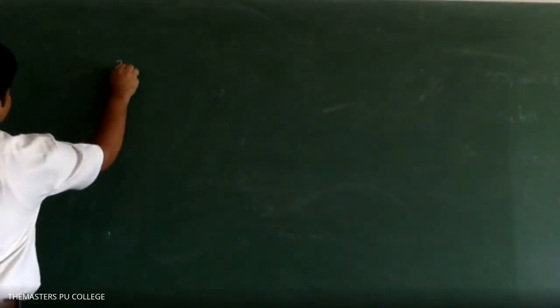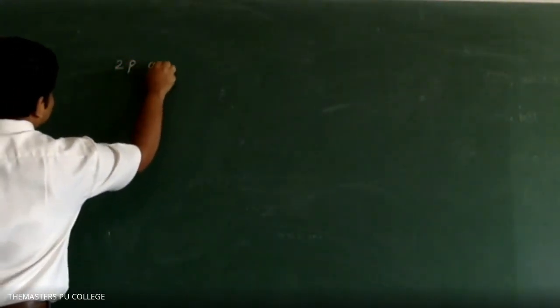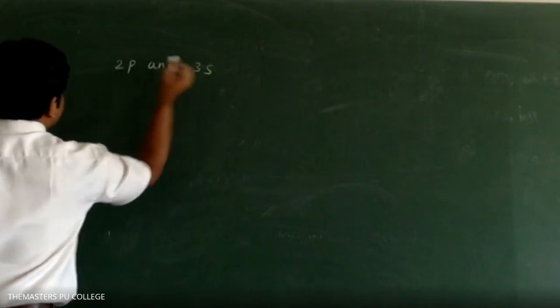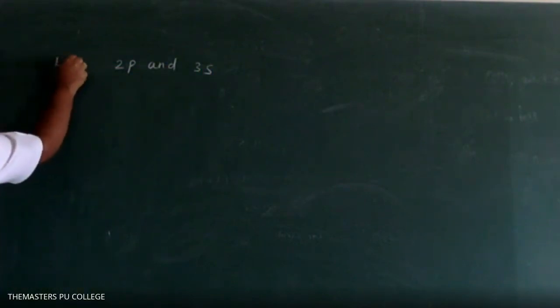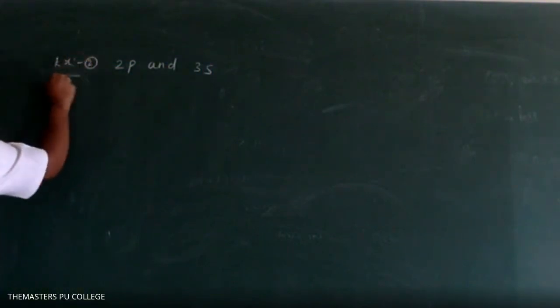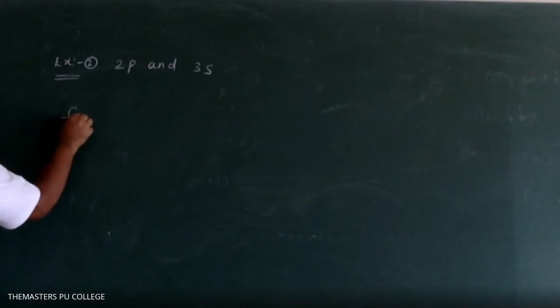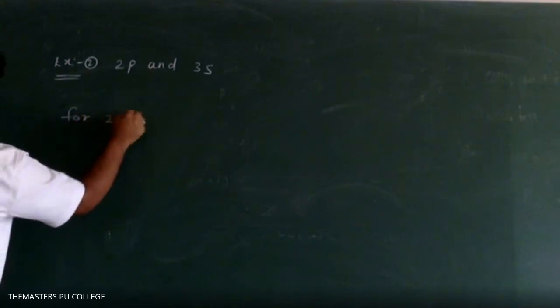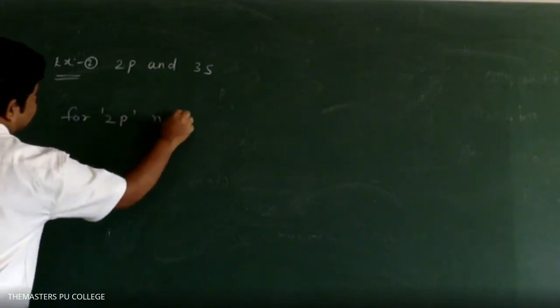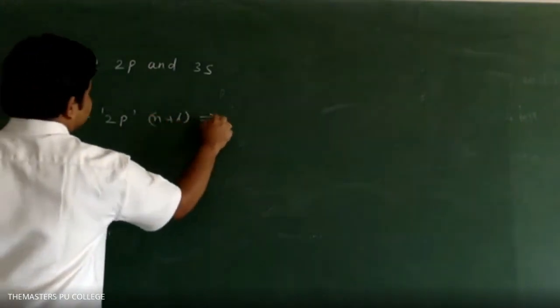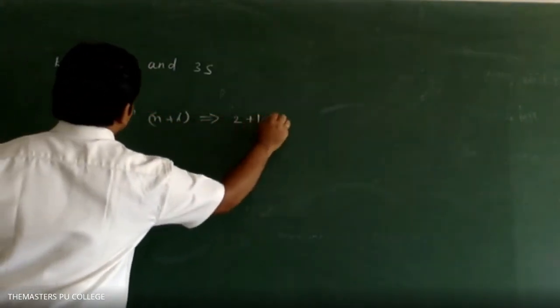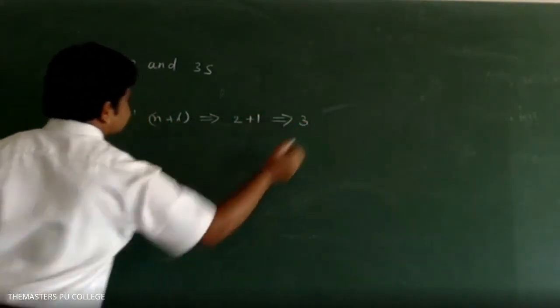Suppose you take 2p and 3s, this is the second example. Example number 2: 2p and 3s. For 2p, the n plus l value is equal to 2 plus 1, that is equal to 3.